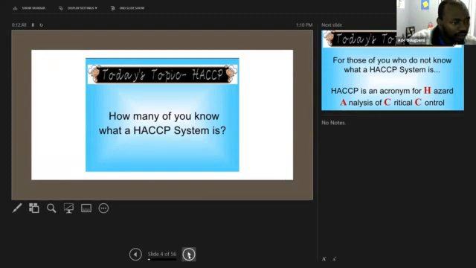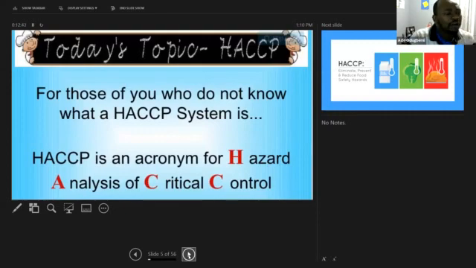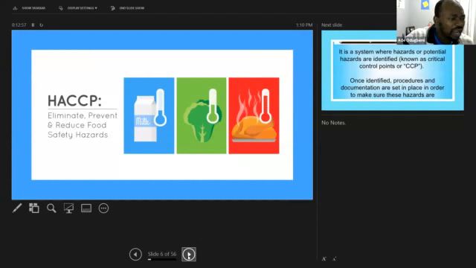Like it says, it is called the hazard analysis critical control point. It is understanding what risk exists in my food processing operation. And when we talk about risk for HACCP, it is about eliminating, preventing, and reducing this hazard. In some operations, you can completely eliminate that hazard. In some operations, you want to prevent it from happening.